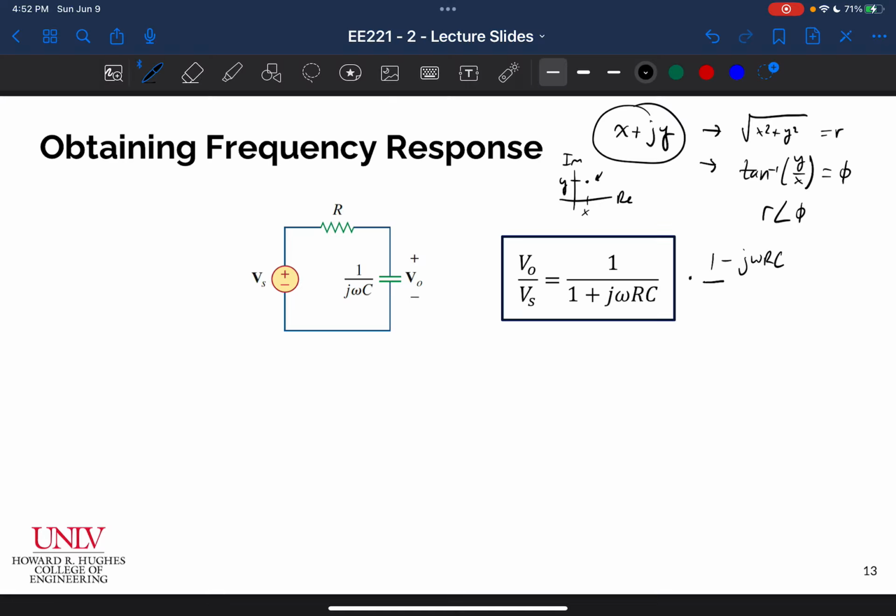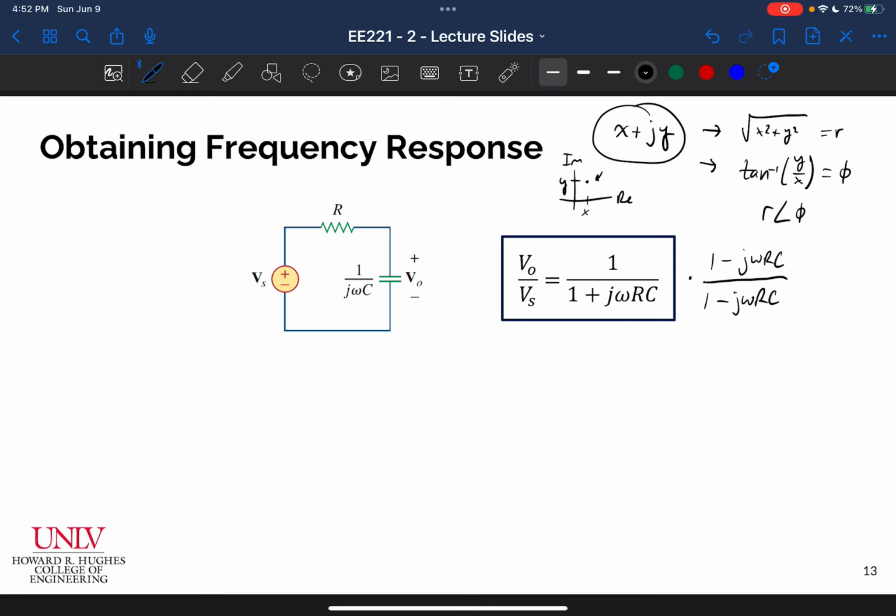The complex conjugate is basically the same real part, but the opposite imaginary part, right? So in this case, we're keeping the 1 the same, but we're flipping the sign of the imaginary part. And we're going to multiply the top and the bottom by 1 minus j omega RC. And you'll see why we do that in a second.